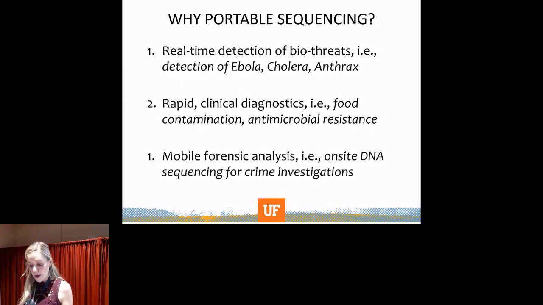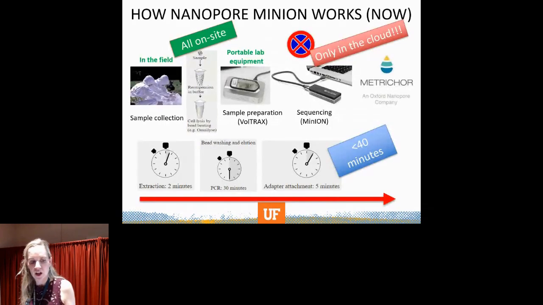When we first proposed this, we described that there were areas where you're not necessarily guaranteed to have a high throughput, advanced network connection.